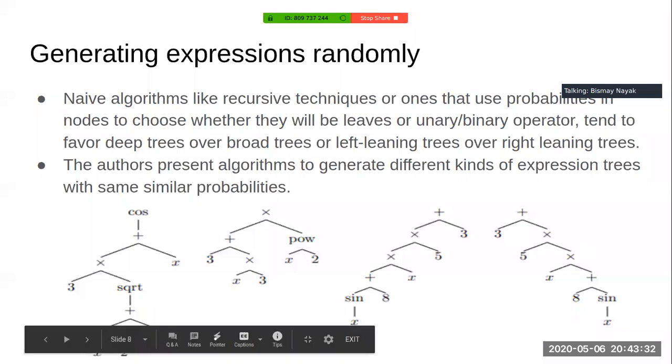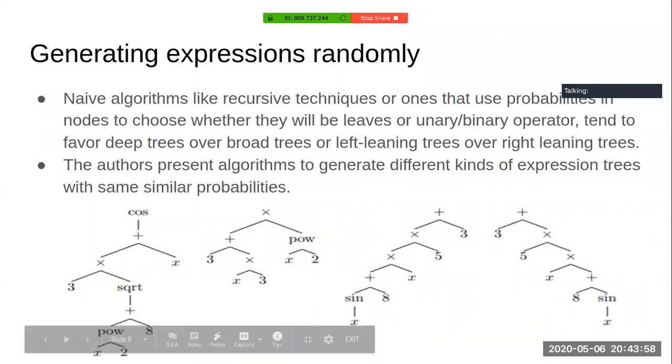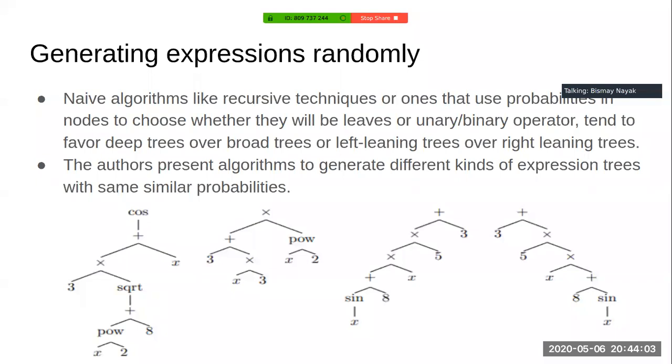But the second plot is something more of a broad nature, where there are levels of the trees, but their branches extend to both left and right. So they found that these naive algorithms also favored left-leaning trees over right-leaning trees. So the third kind of tree would be favored over the fourth kind of tree.